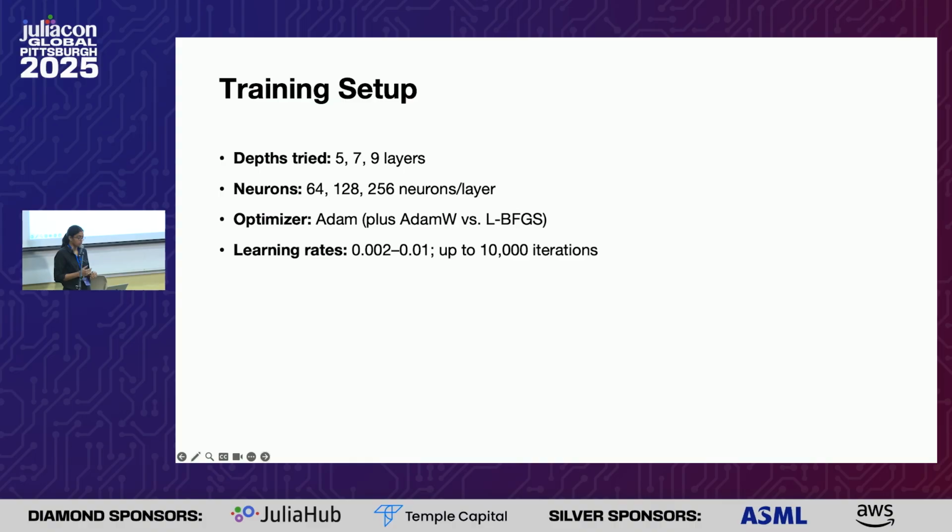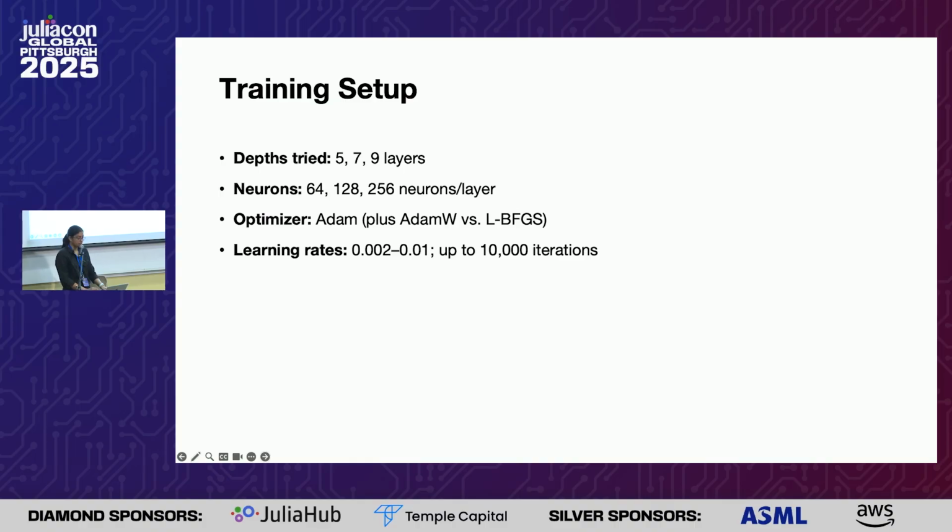And we focused on 9 layers as we saw that it consistently performed well. Most importantly was the number of neurons that we tried out.